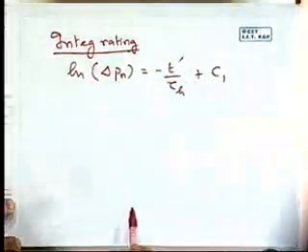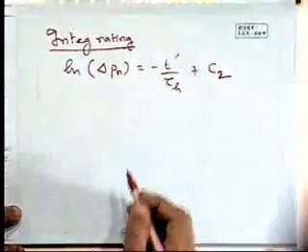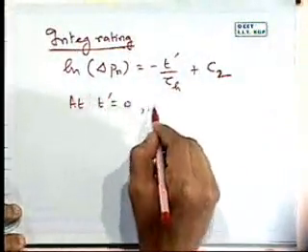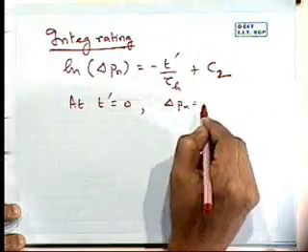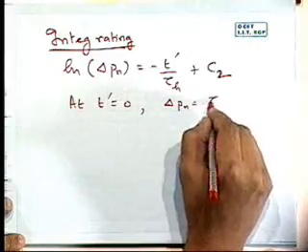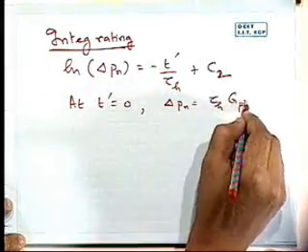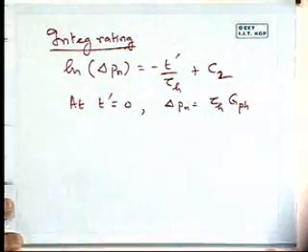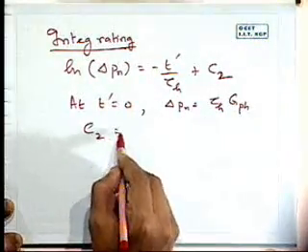So again, I want to know what is C1 or C2, let's say. And my condition there is that at t' equal to 0, delta Pn is equal to the saturation value, right? So I can make that substitution in there and solve for C2.